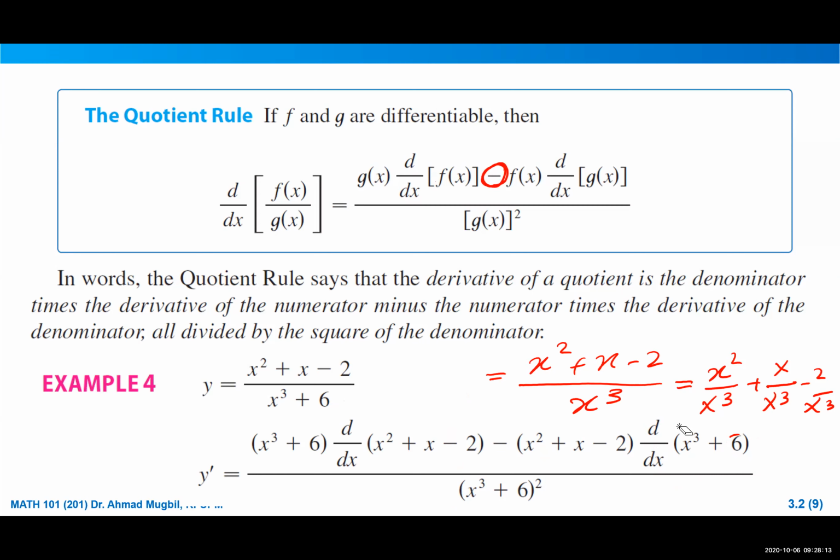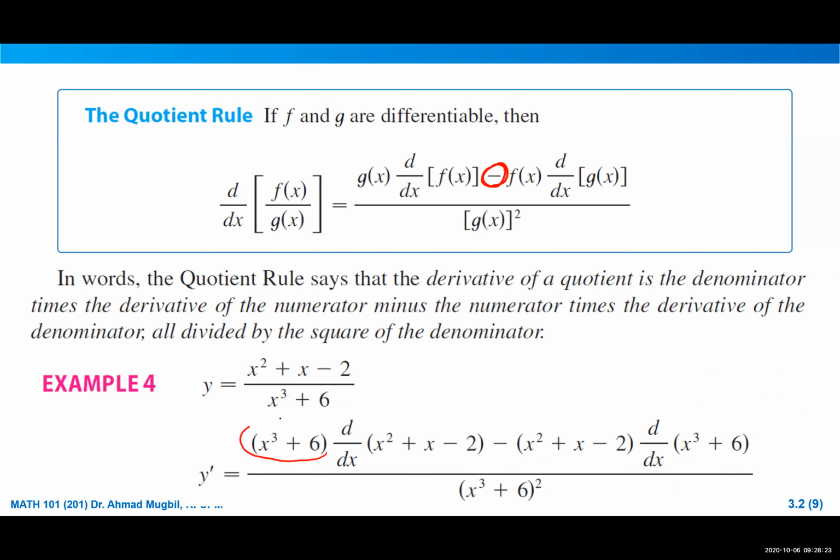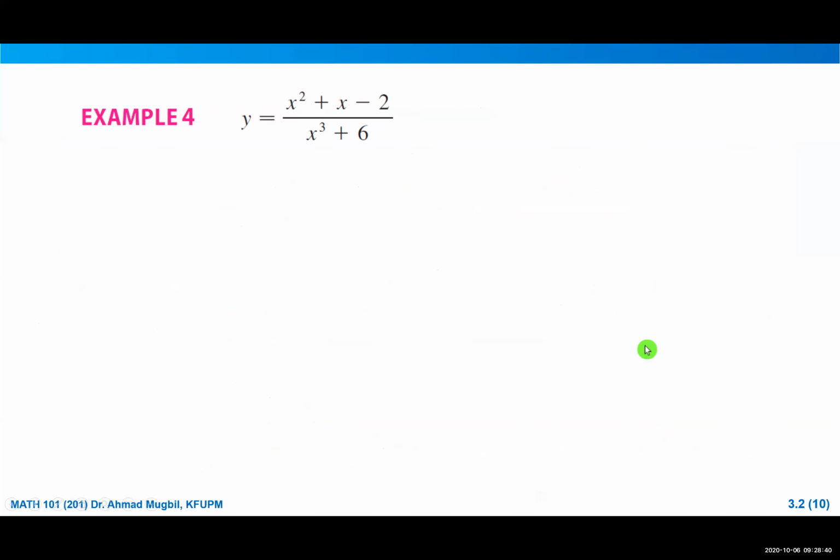In the case of the product, the order is not that important because we have addition, and addition is commutative, but subtraction is not. So it will be the denominator multiplied by the derivative of the numerator, minus, be careful when you have multiple terms about the negative sign, minus the numerator multiplied by the derivative of the denominator, over the square of the denominator.